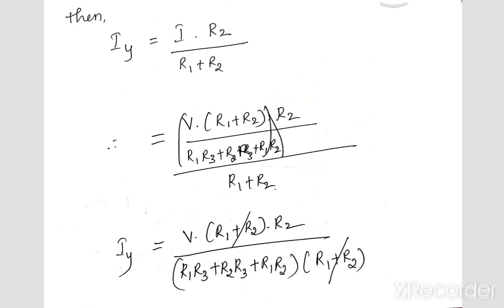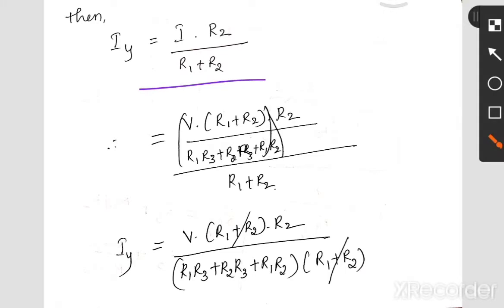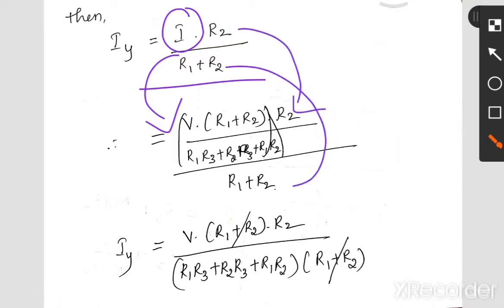Same thing we are going to place here. In place of I, we substitute whatever we have calculated, and R2 as it is, and then R1 plus R2 as it is. Now this is in the denominator and this is also in the denominator. Make a single denominator, and then here R1 plus R2 and R1 plus R2 get cancelled. Now Iy is equal to V into R2 divided by this.